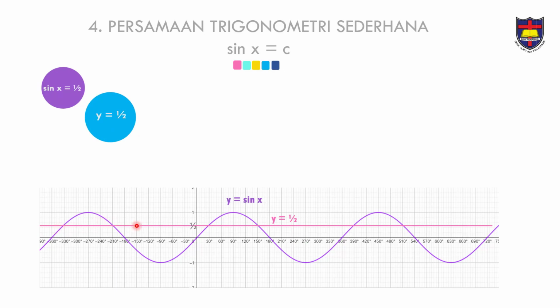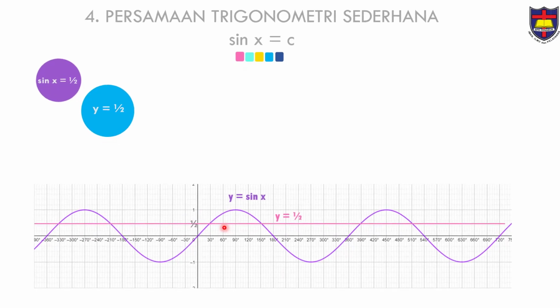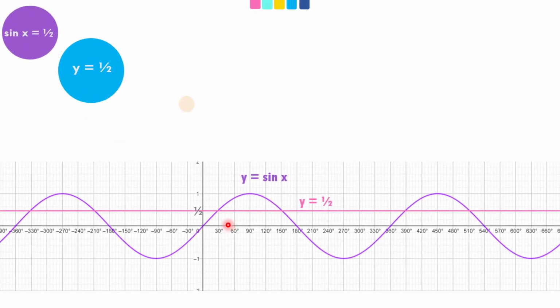Then we find out which values of x give sin x equals a half. In this drawing we have 6 solutions, as the intersection points between sin x and the line y equals a half.